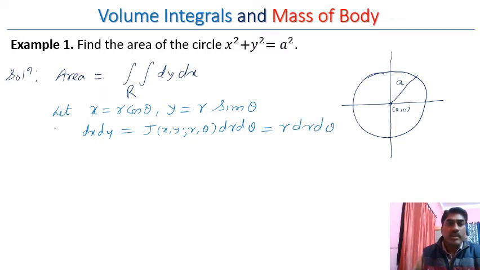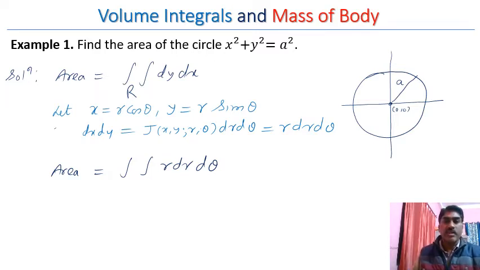So now we replace the area formula by the double integral of r dr d theta, and you can see that this is the circle. So r, the radius, varies from 0 to a, and theta is the angle, which for the complete circle varies from 0 to 2 pi.